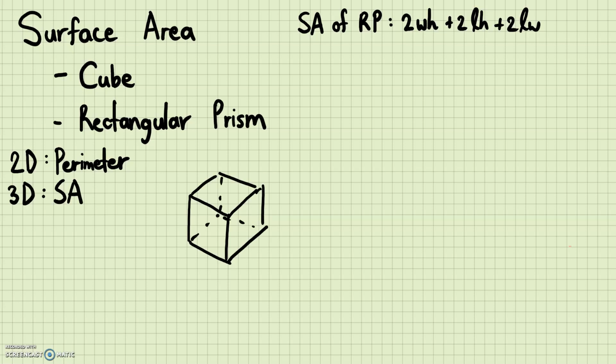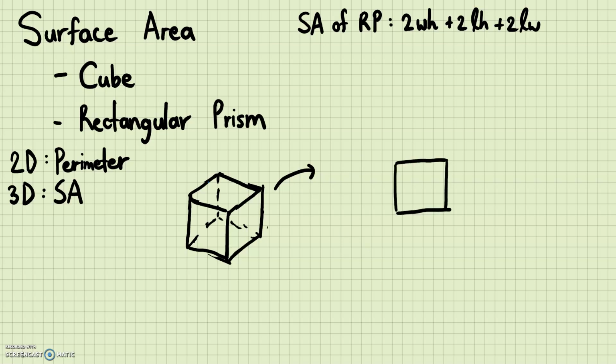A cube looks like this. Okay, and the net image for the cube is going to look similar to a rectangular prism, except a cube has squares on all sides.